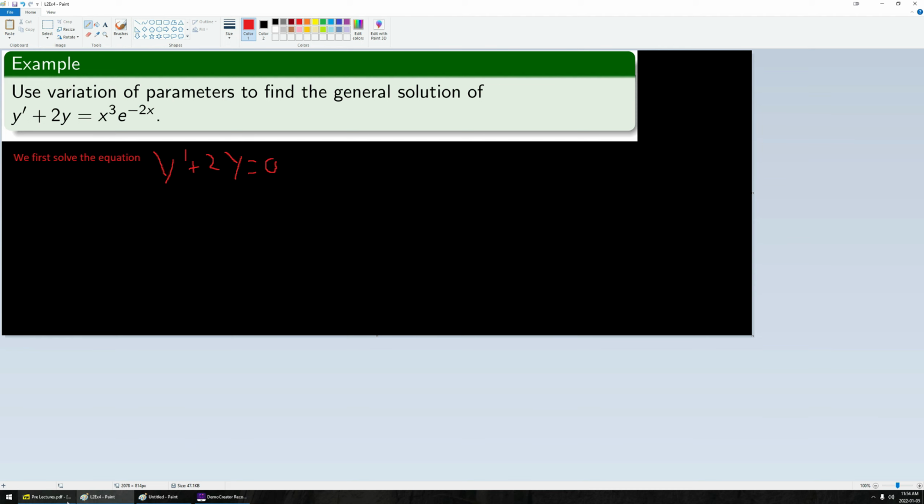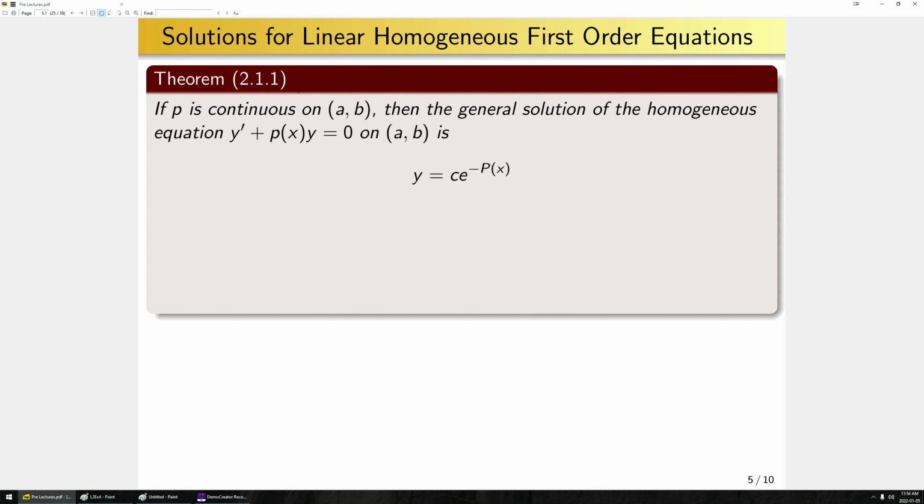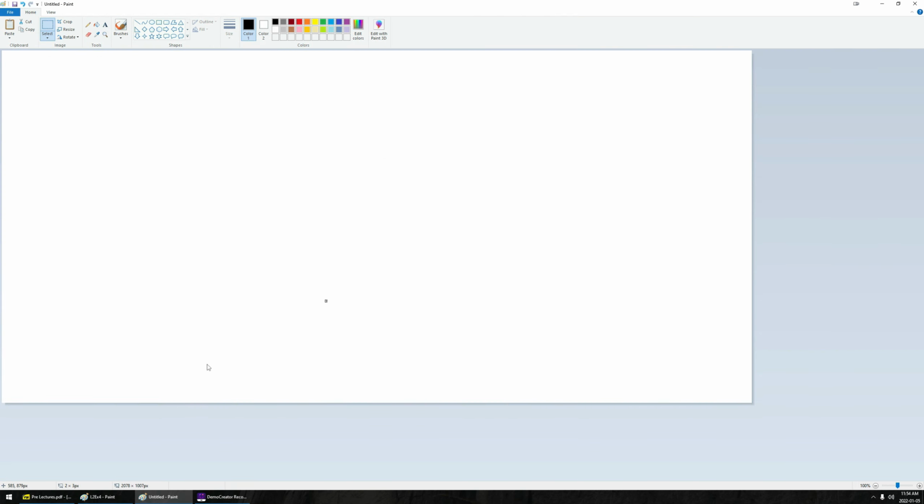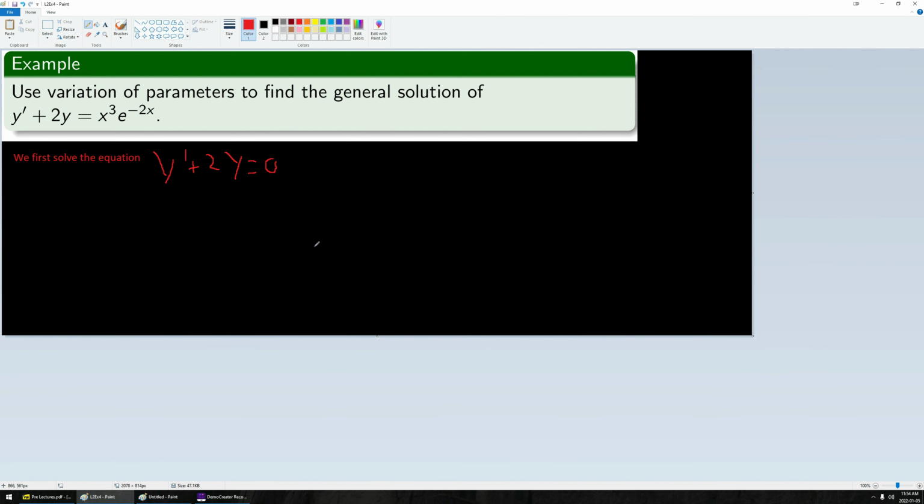So we know how to solve this. We could do it via the theorem that we had over here, this 2.1.1, simply just plug in to integrate. But instead of doing that, I'm going to do this by hand just to give you another example of solving this here. Okay, so this equation I divide through by y, assuming y is the non-trivial solution, to simply get y prime over y is simply going to be equal to -2, right?